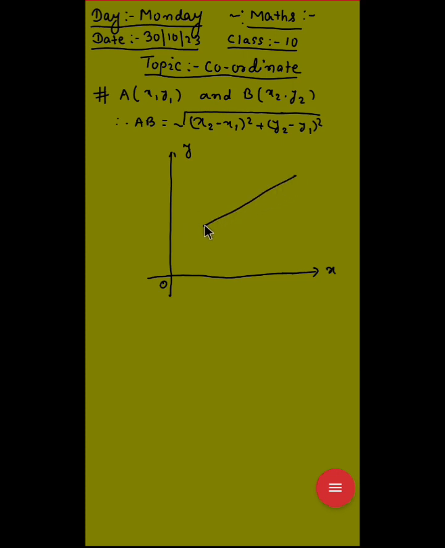So this is point A, and it is defined by x1 comma y1, and another point B over here, defined by x2 comma y2.